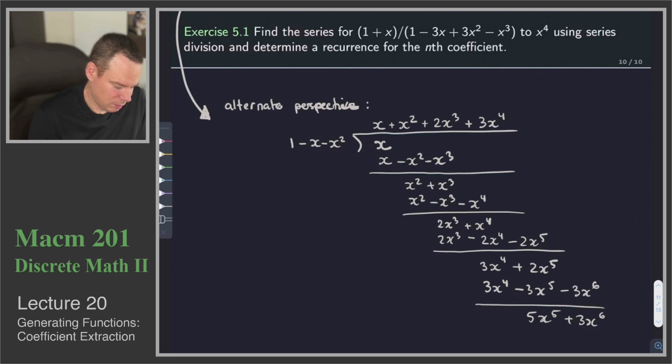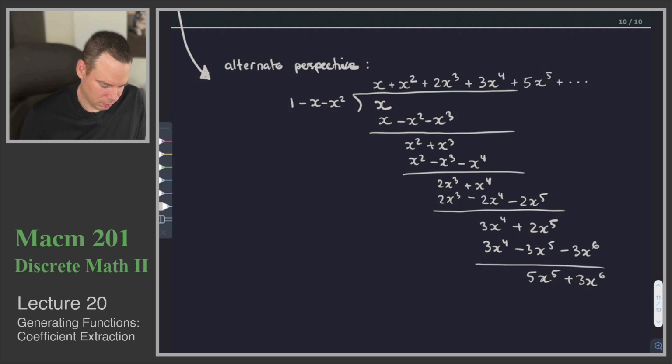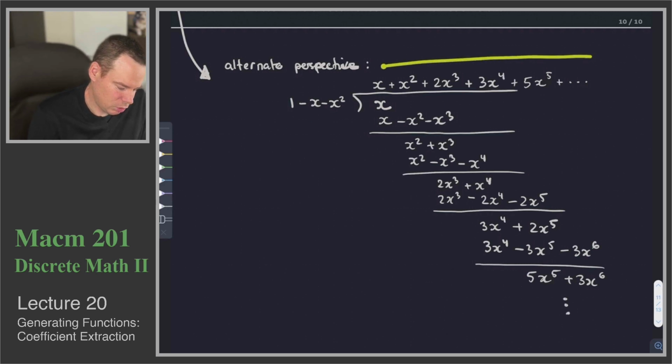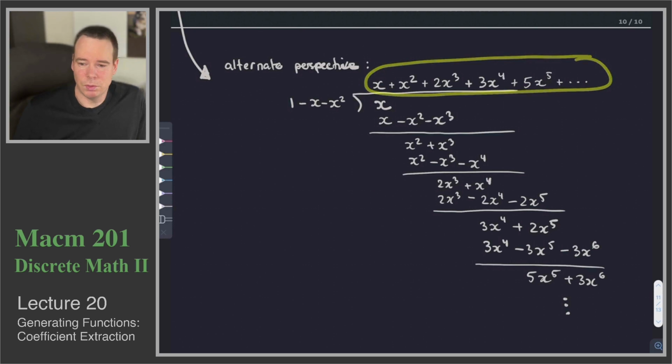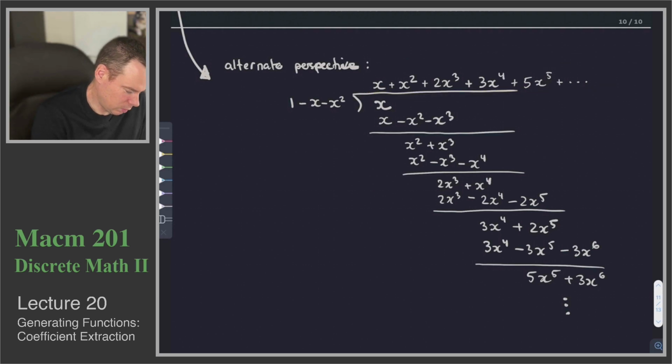Well, what we are noticing is that the coefficients, 1, 1, 2, 3, and in the next one we'll get a 5, are the Fibonacci sequence. So if we keep going, we are going to get the generating function for the Fibonacci sequence.